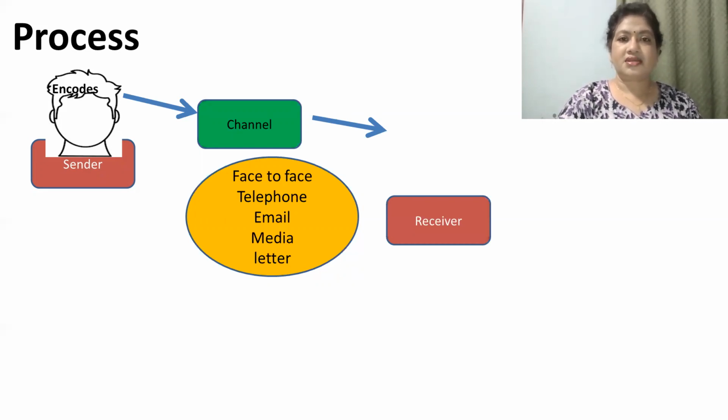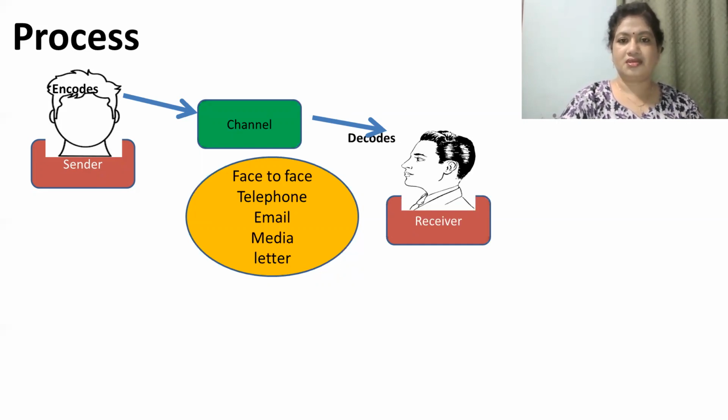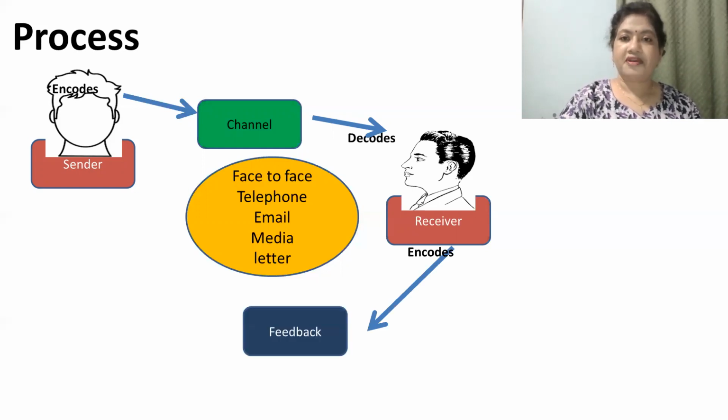Because the sender has encoded, the receiver decodes the message into whatever he has understood. Now, after the receiver decodes, he has to encode it in an understandable language so that he can send the feedback to the sender.